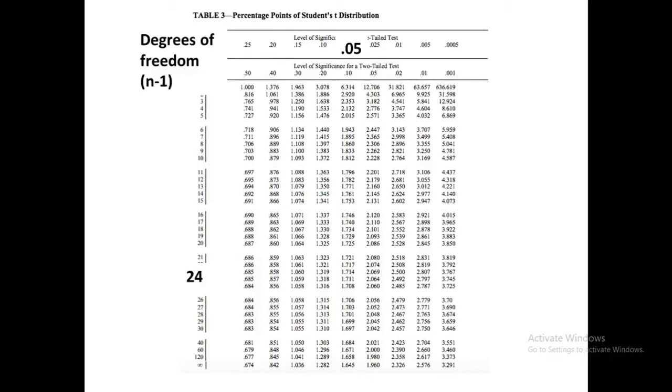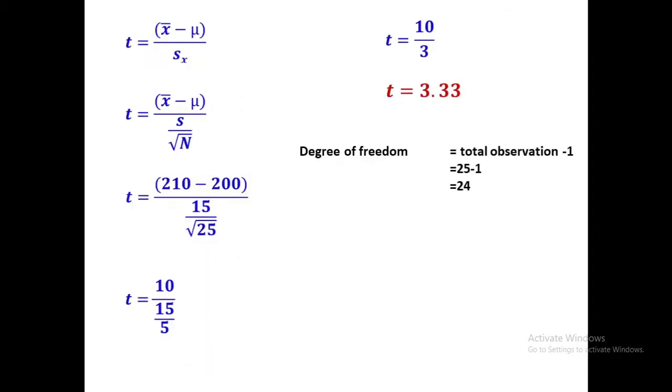If we want to check the T value for degree of freedom 24 and significance level 0.05, it will be equivalent to 1.711.